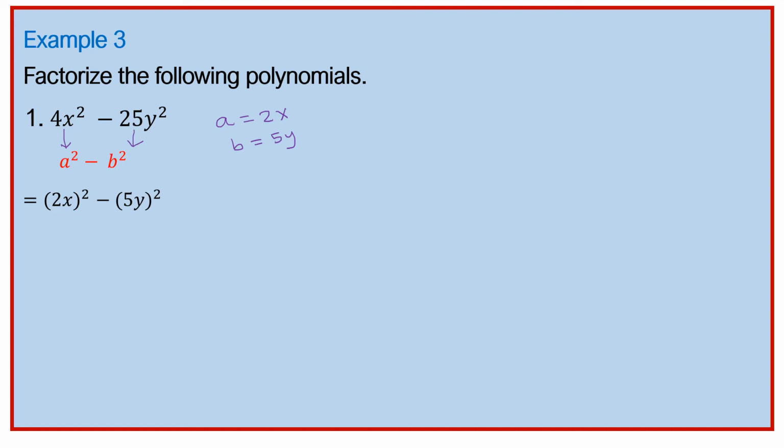So this will give us (2x) squared, such that (2x) squared is the same as 4x squared, and (5y) squared is the same as 25y squared.